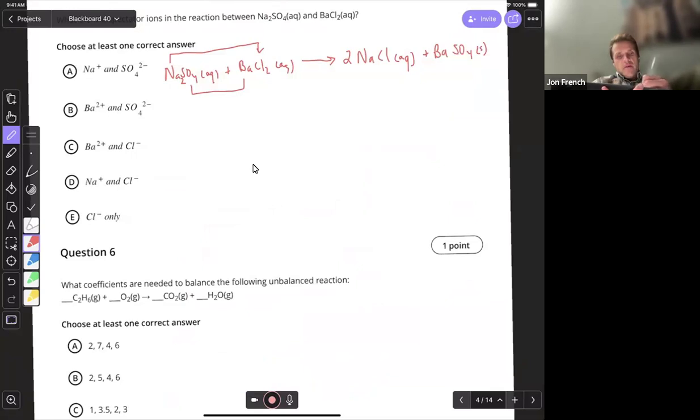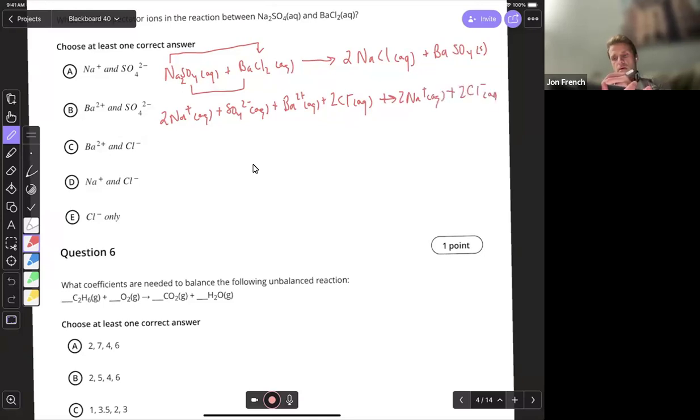We can ionize everything now: 2 sodiums, sulfate, barium 2 plus, aqueous, 2 chlorides, aqueous. That yields 2 sodiums, 2 chlorides, and a solid barium sulfate. We cannot ionize that because that's a solid.